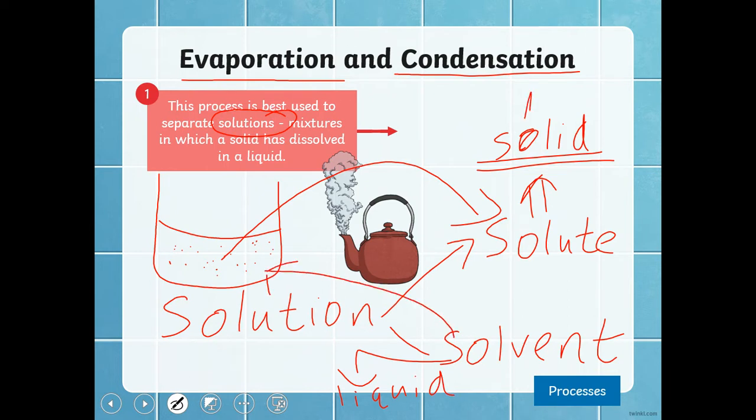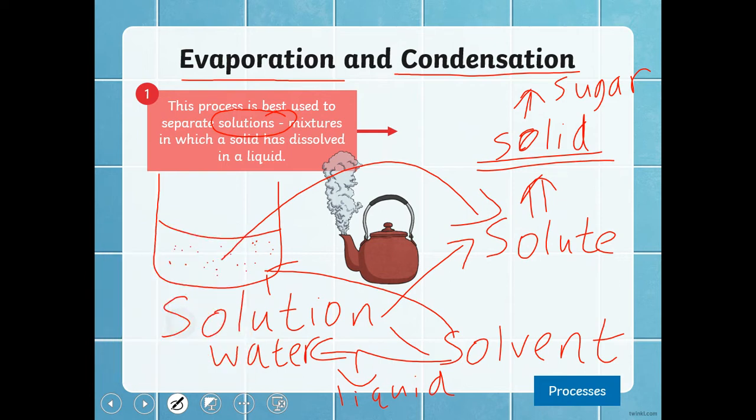So in this example, the solute is the sugar and the solvent is the water. So that's a solution. A solution is made up of a solute and a solvent. The solute is the thing that is being dissolved, and the solvent is the thing that does the dissolving.